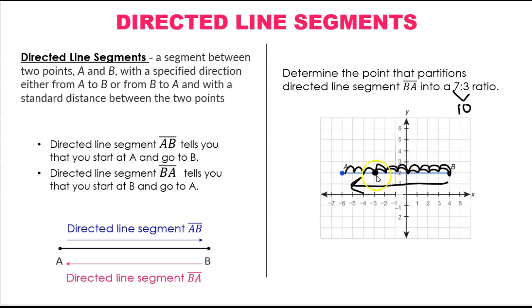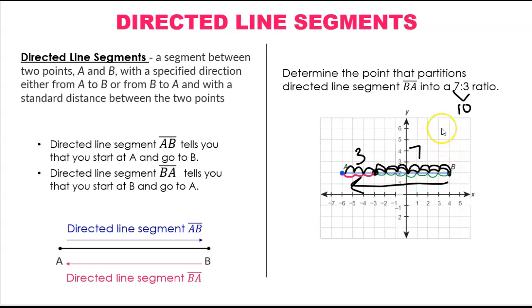So this point right there splits up that line segment to where we have 7 parts to 3 parts. And I'll kind of highlight where those parts are. Notice that the 3 is 1, 2, 3. Okay, and then the 7 is 1, 2, 3, 4, 5, 6, 7. So 7 parts to 3 parts.